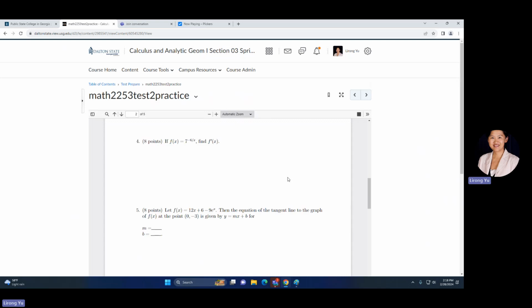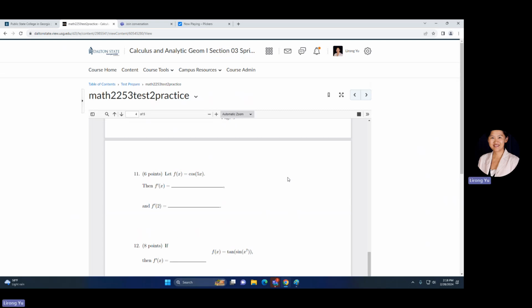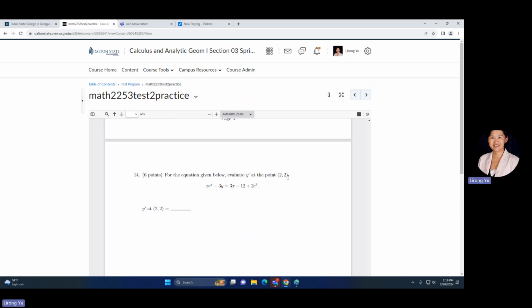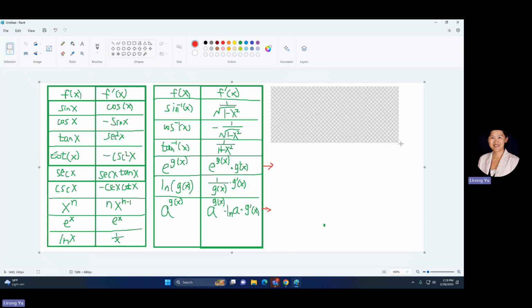It looks like none of these questions use it; we went through all these questions yesterday. Because we have the power rule. So it looks like we don't have to use that definition. I didn't put a question for this, the definition, on test 2. We don't need it, if we just focus on the test.